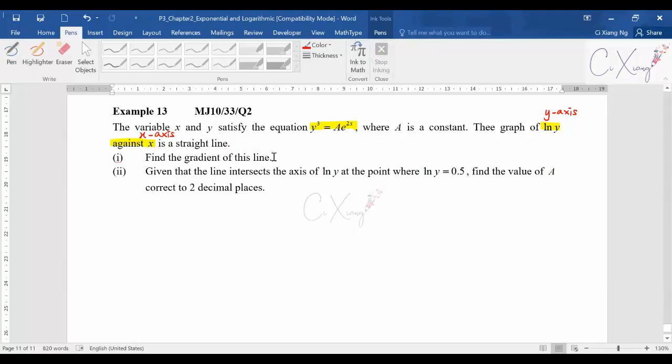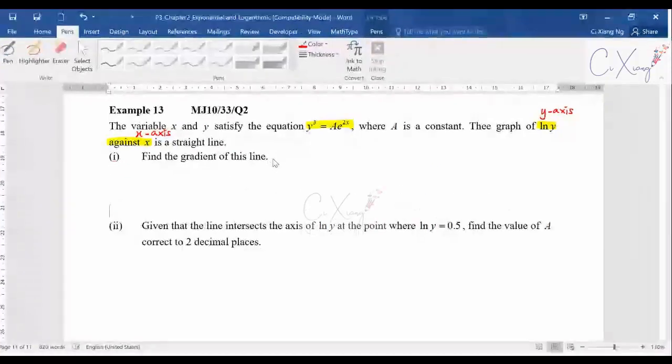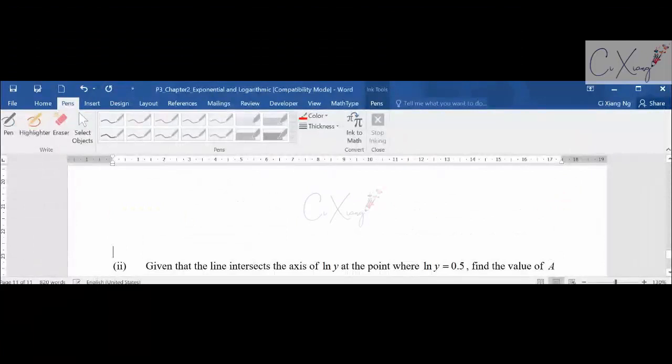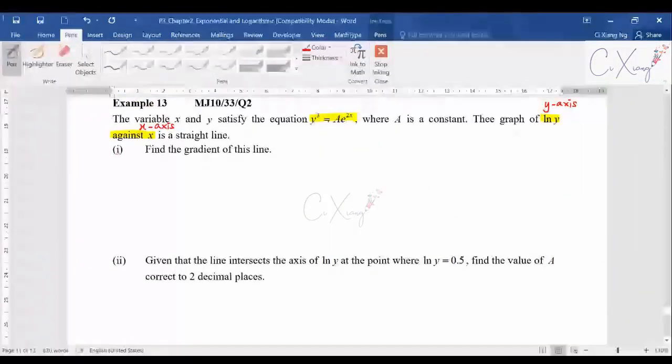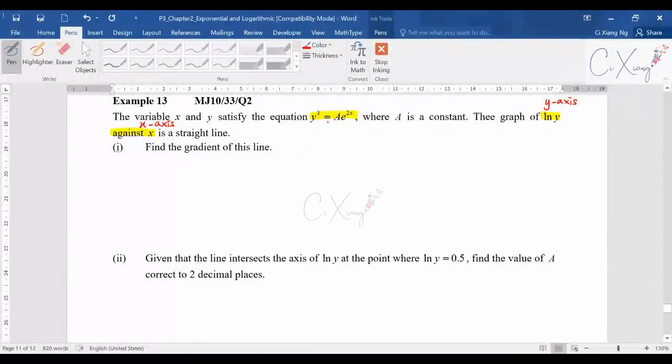Before you find the gradient, every time you need to try to convert the original equation and compare it with y equals mx plus c first. So I'm having y to the power 3 equals a e to the power 2x. To expand it, I take ln on both sides. I'm having this.